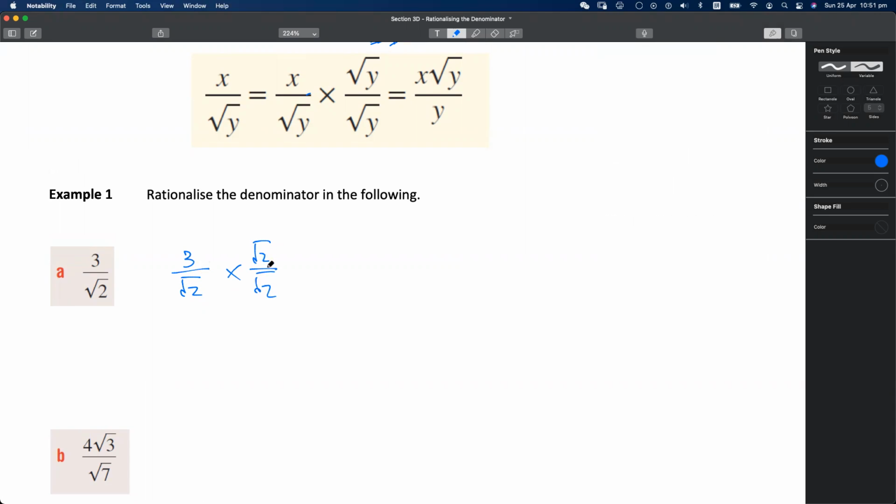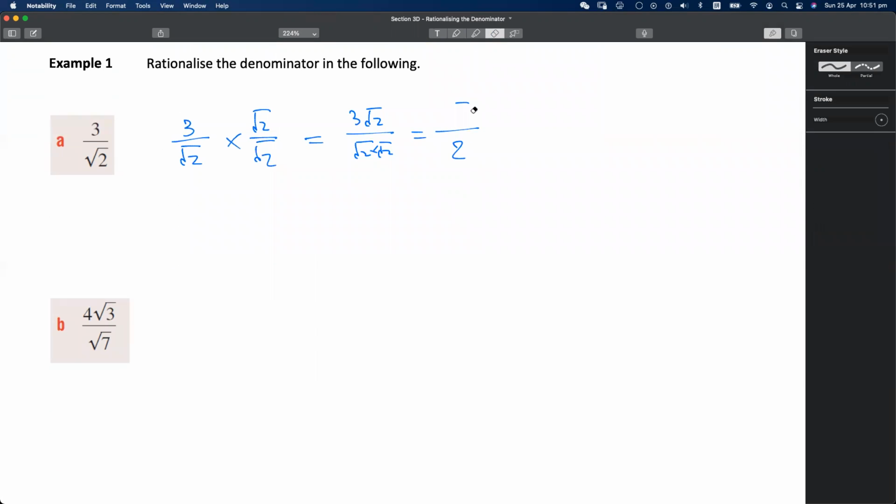That's why I picked root 2 over root 2, just to get rid of this. So I have 3 root 2 over root 2 times root 2. I'm showing the working out just to help you understand. You don't have to show this step. Instead, you can just show the answer straight away, which is 3 root 2 over 2.